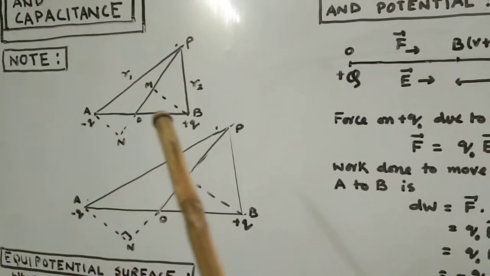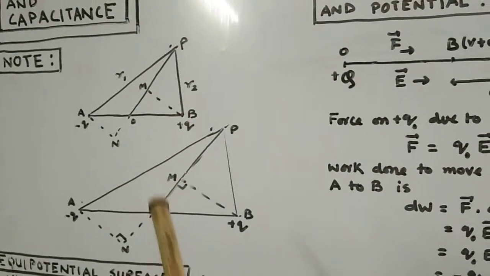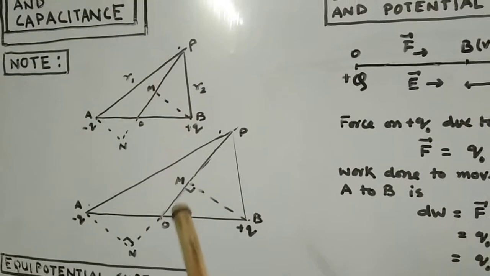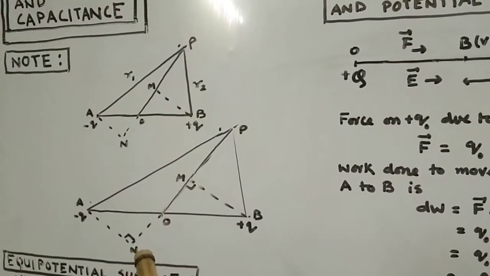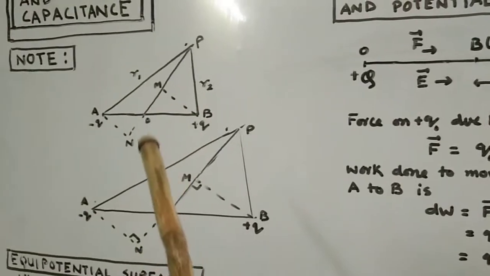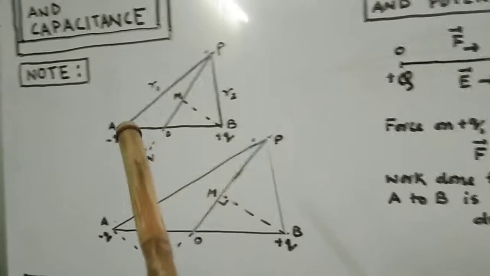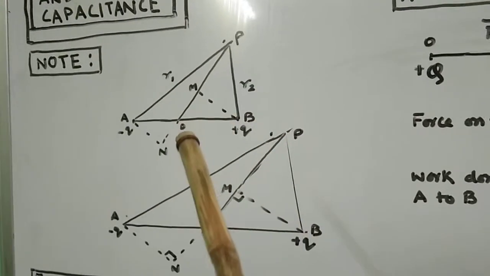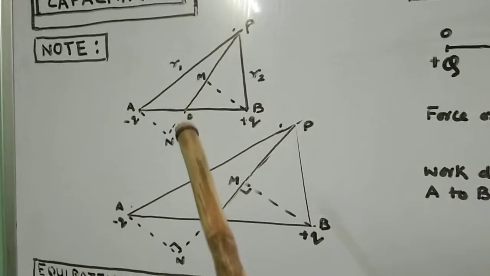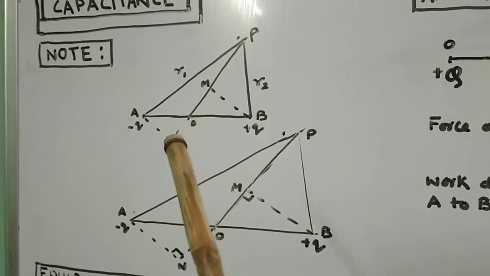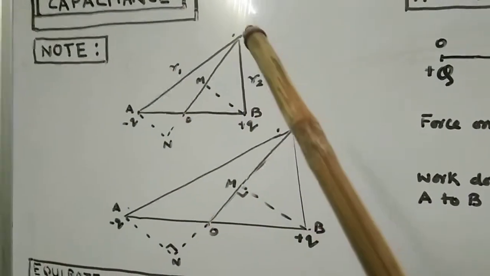If the length of the dipole is very small, then definitely OM is very small compared to OM here, and ON is larger here and ON is smaller here. So we can approximate that if the length is very small, ON almost vanishes. If ON almost vanishes, then AP becomes NP.